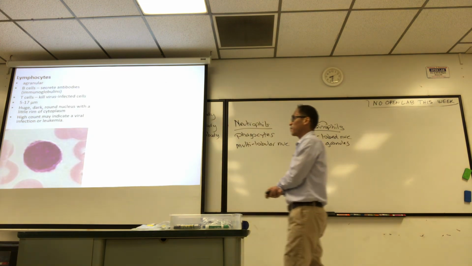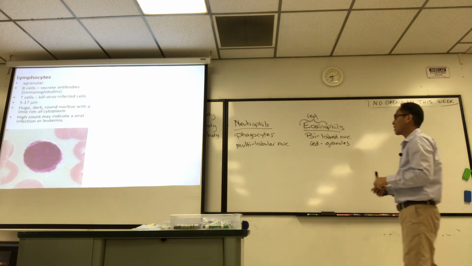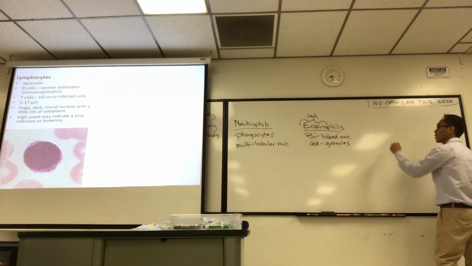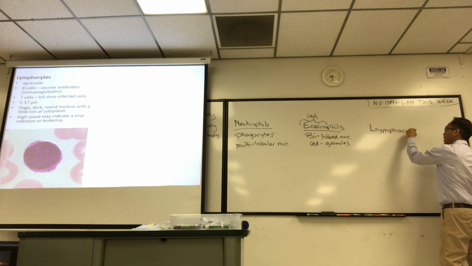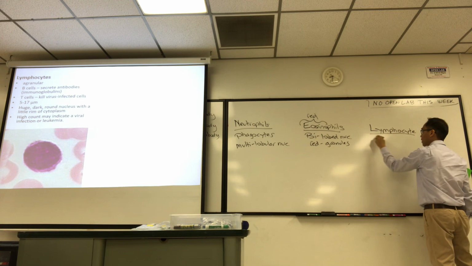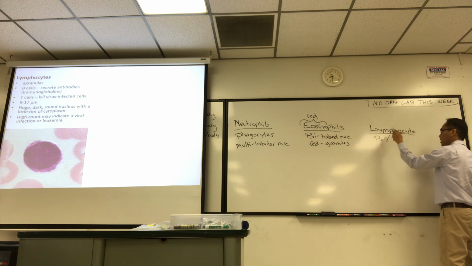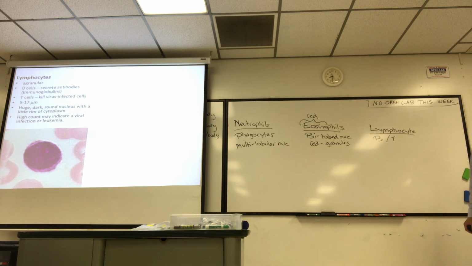When you identify them. Here's what a lymphocyte looks like. Now, when I teach about the lymphocytes, there's the B and the T, and you can't tell the function by looking at it. But the nuke is so big, you barely see any cytoplasm.